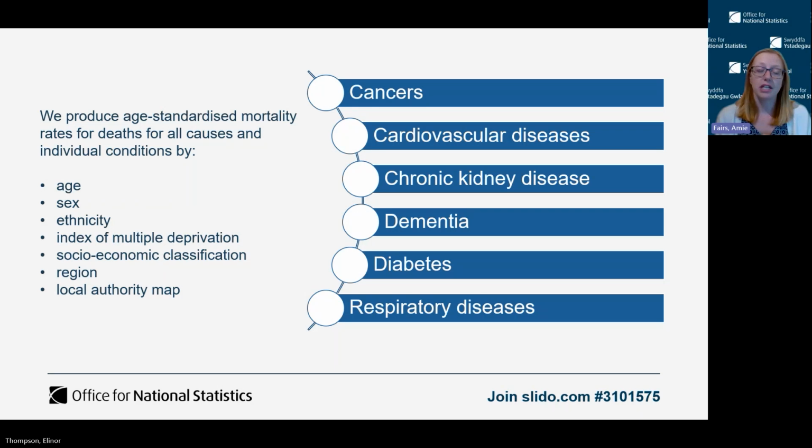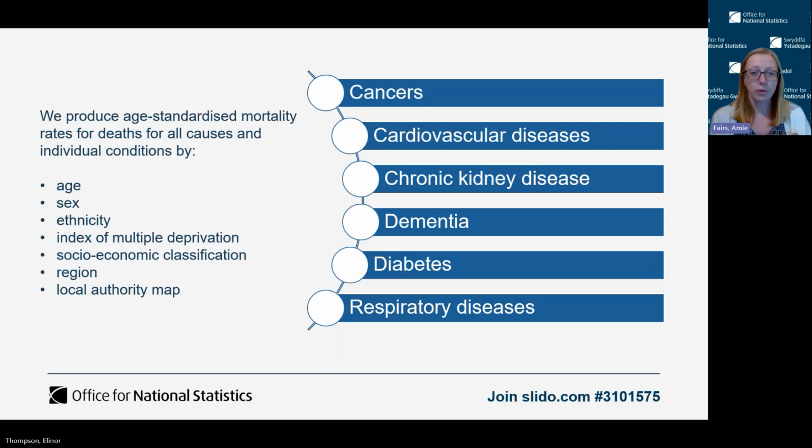And these results were presented, broken down by different socio-demographic characteristics such as age, sex, ethnicity, an index of multiple deprivation, which is quite a complicated measure, but it's essentially a lot of different types of measurements that get combined to try and measure how deprived an area is. Socioeconomic classification, which is a measure which effectively takes different kinds of jobs and groups them into specific categories. Then region, and also down to a local authority level.